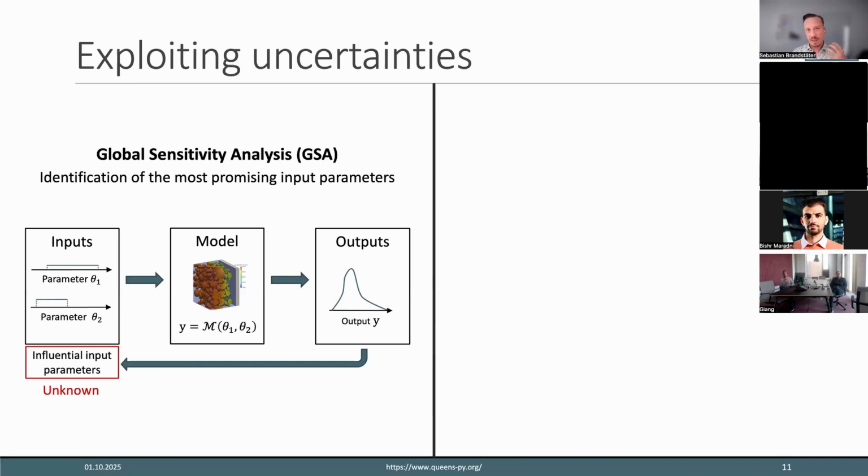It identifies the influential and the uninfluential parameters of this model output. So influential parameters would be parameters that cause a lot of uncertainty in the model output, right? And uninfluential parameters are parameters that vary but don't influence the output a lot.